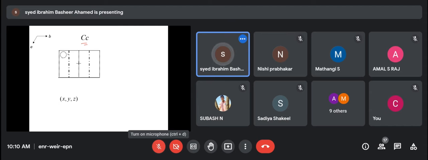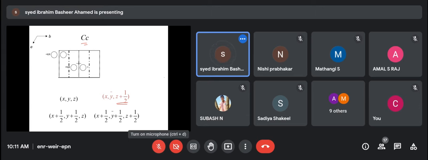So the equivalent position is XYZ. Here you are applying the glide plane, so you will have X, Y bar, Z plus half, in the Z axis. Just check the table I showed you. You are applying a C glide, so you will have a translation along the Z axis. So this one is X plus half, Y plus half, Z, and you apply C glide again: X plus half, Y bar plus half, Z plus half.